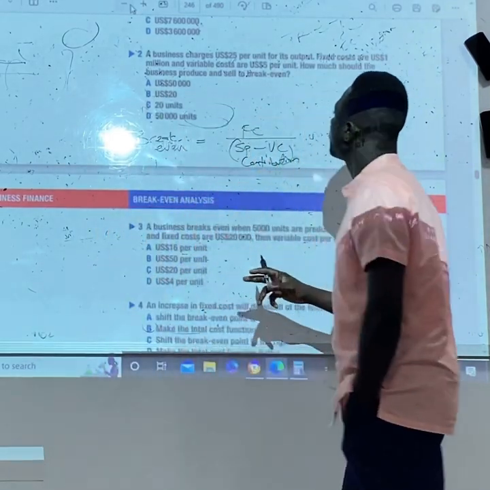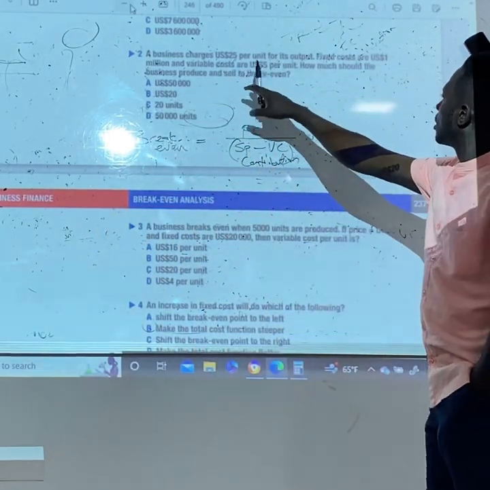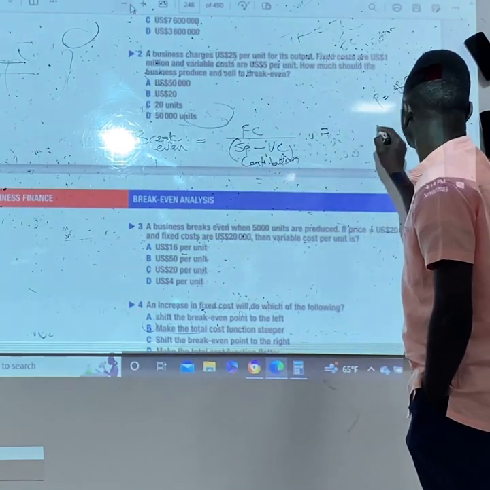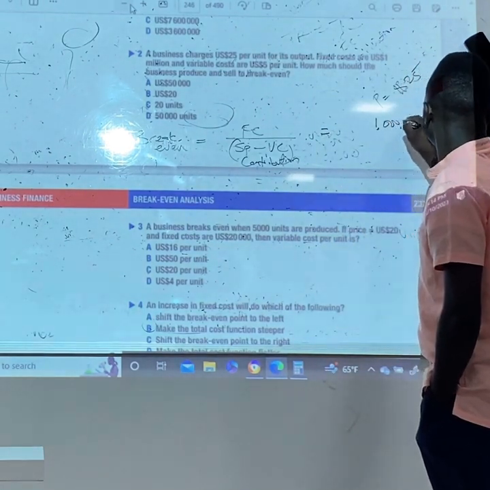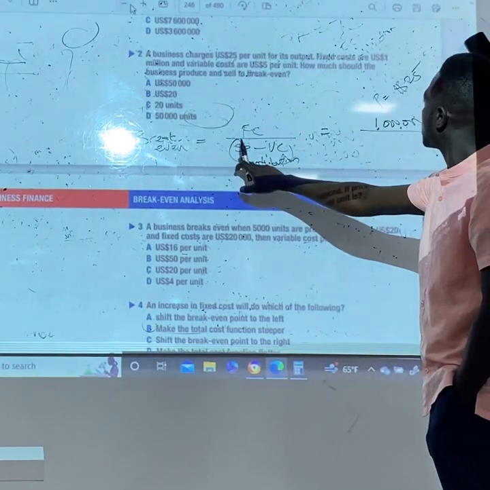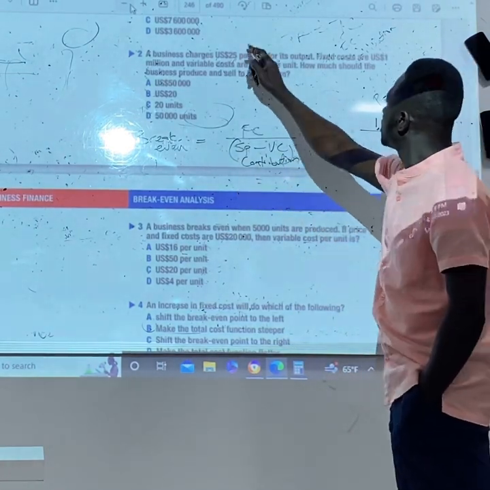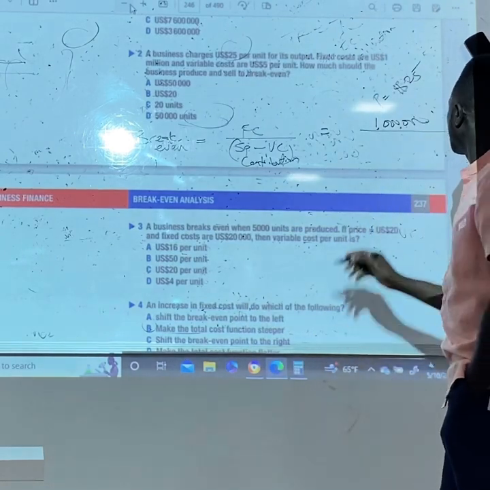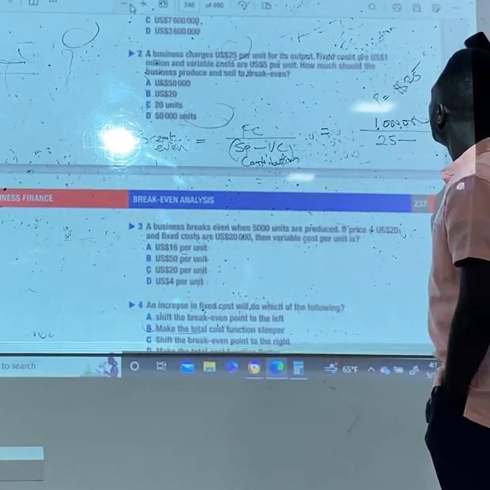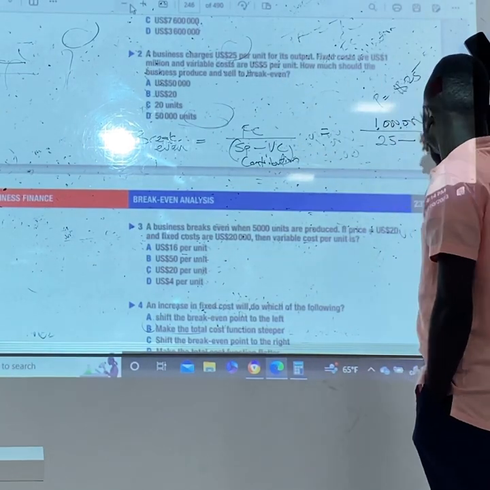Now this time we have $25, and fixed cost of 1 million. So we have 1 million divided by the selling price. Price per unit, $25, right? So we have 25 minus variable cost.